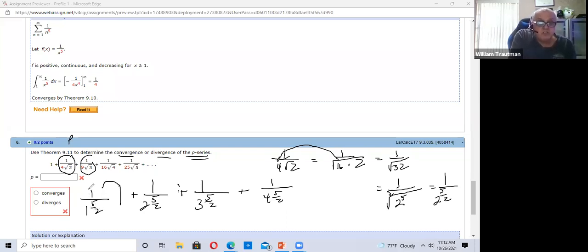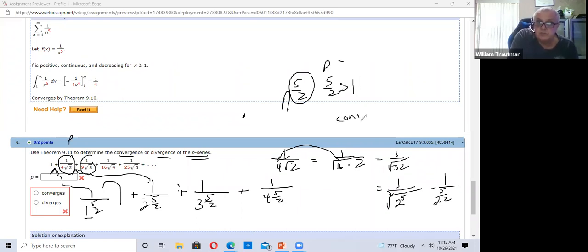So 1 over 1 to the 5 over 2 does equal 1. 1 over 2 to the 5 over 2 does equal this. So if we look at this, this is a P series. This is the n, and the P series is n to the 5 over 2. So this P, 5 over 2, is greater than 1. So we know this converges.